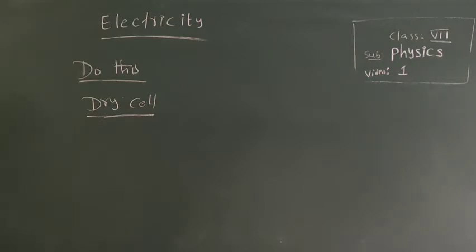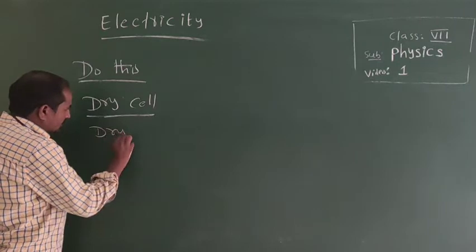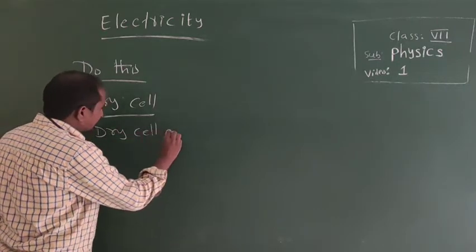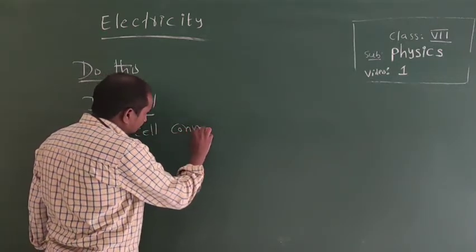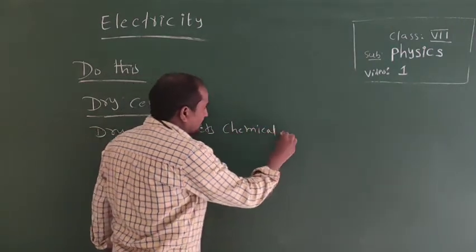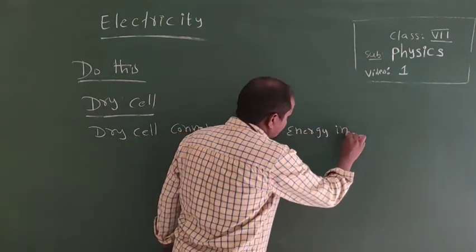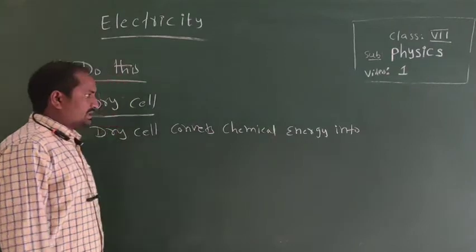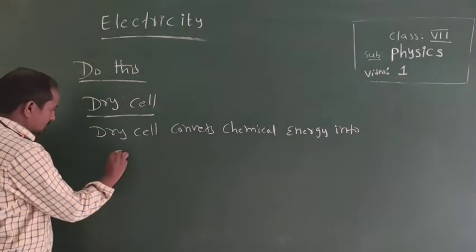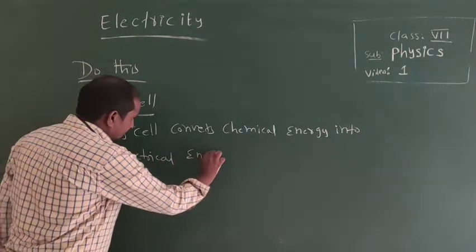Here, a dry cell converts chemical energy into electrical energy.